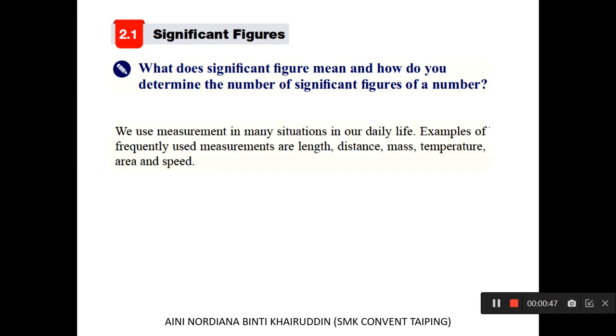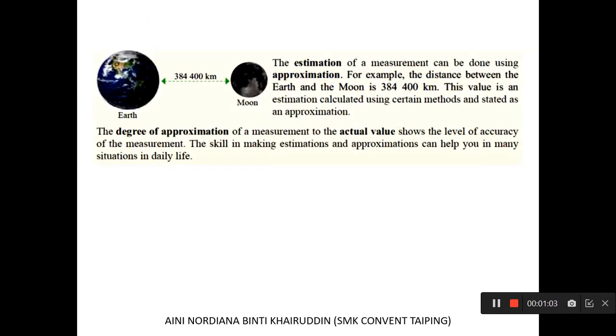Okay, we use measurement in many situations in our daily life. Examples of frequently used measurements are length, distance, mass, temperature, area and speed. The estimation of a measurement can be done using approximation.